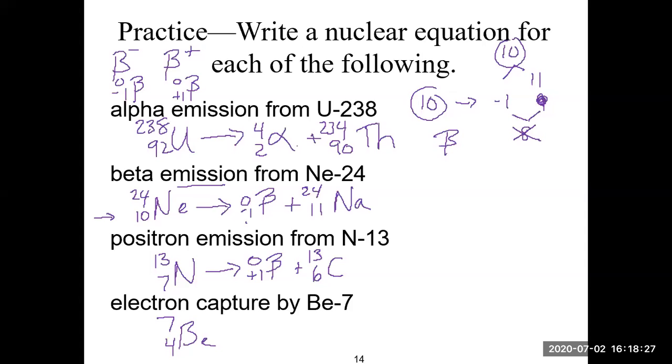We have an electron capture, so this is going to be different. This is going to put our electron on our reactant side. That's one of the 2 ways you can get a particle on the reactant side. Again, that's electron capture, or if it says something like you bombarded this one with this particle.